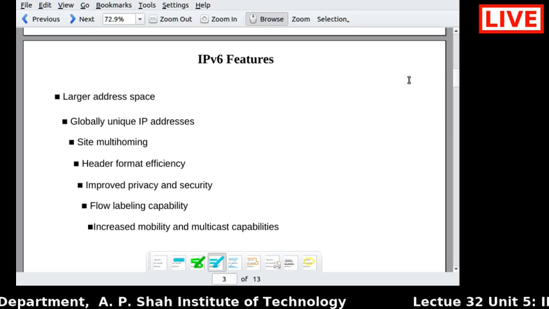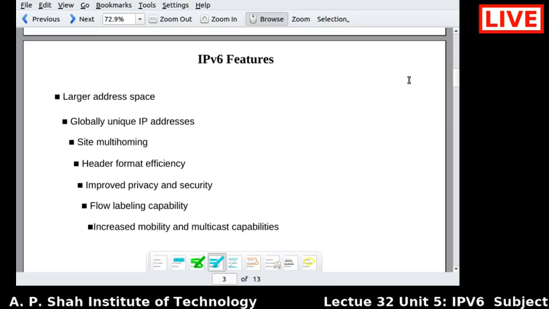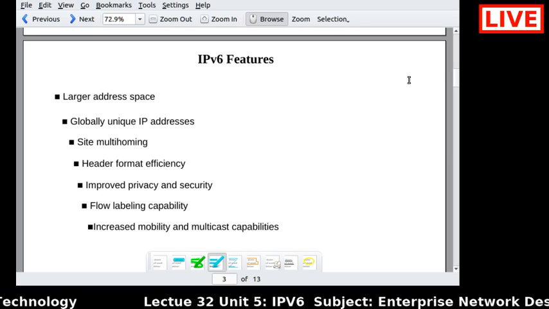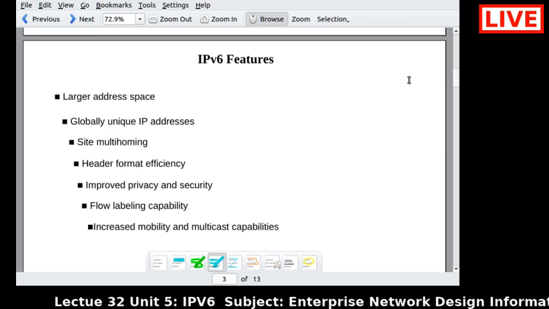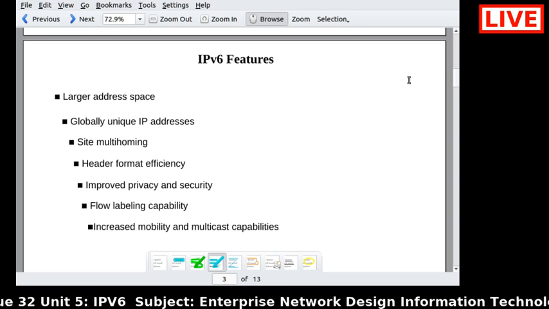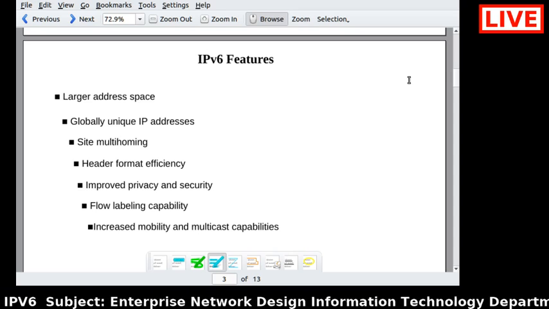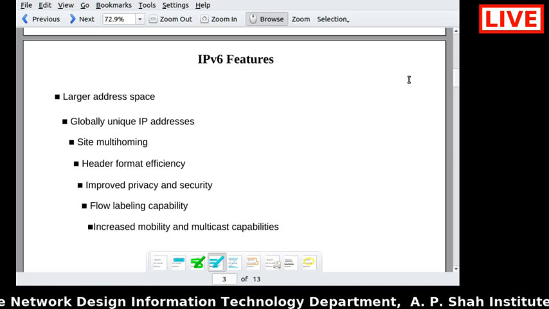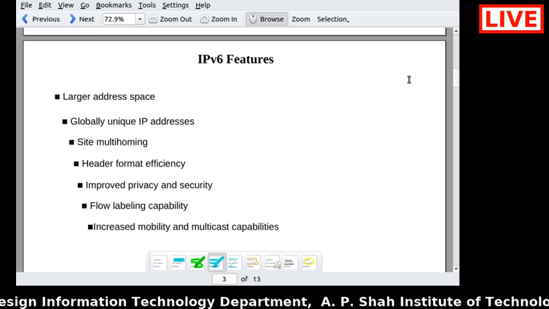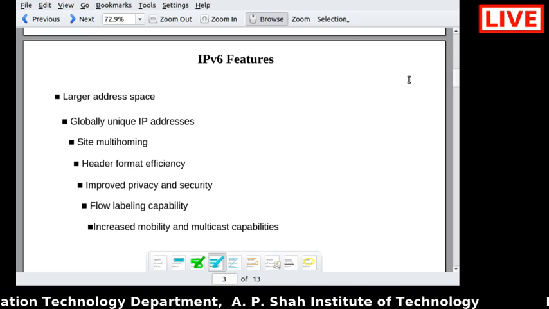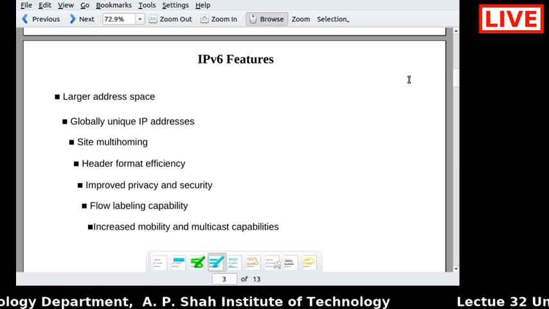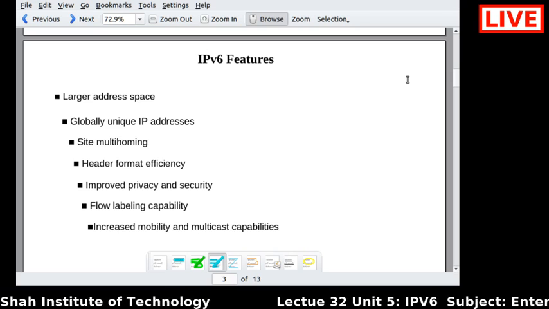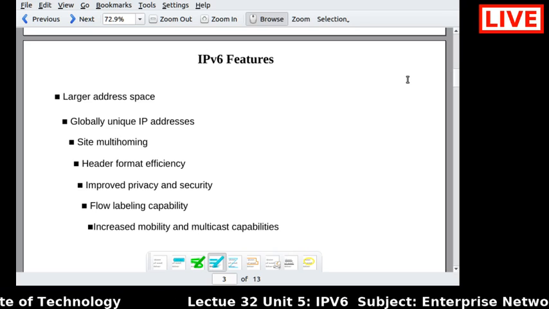In subnetting also we have discussed this, whenever you are identifying the network requirements for any organization, you need to think about future demands. Whenever you are assigning IP addresses to your network topology, you need to think about the future demands of that organization in order to scale your network, right?